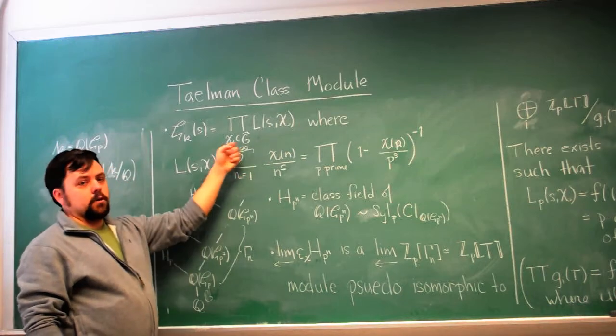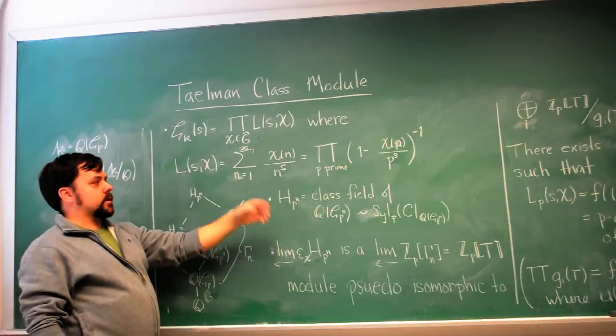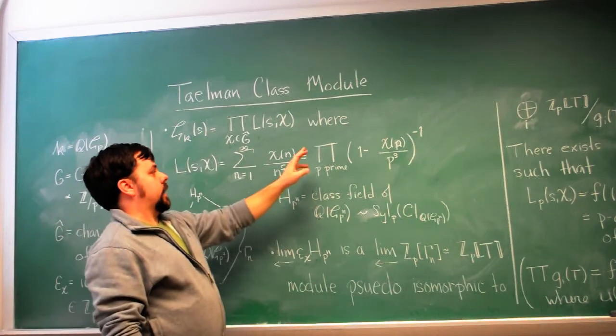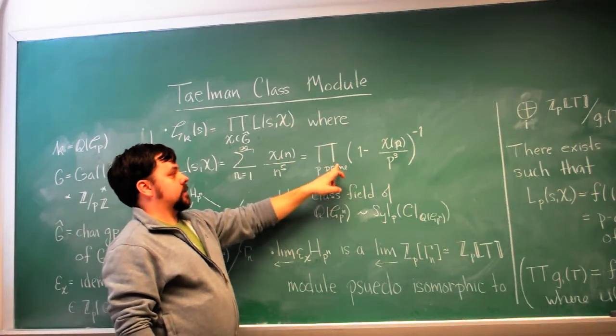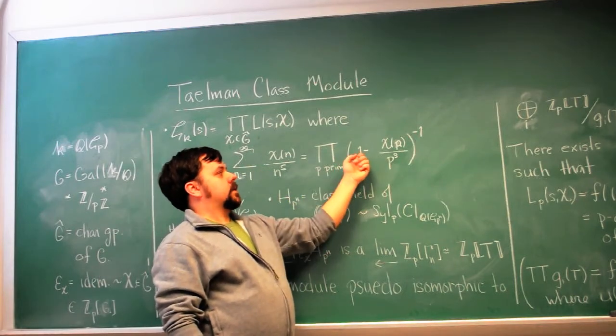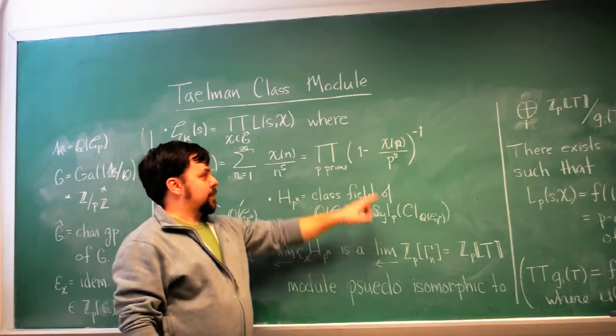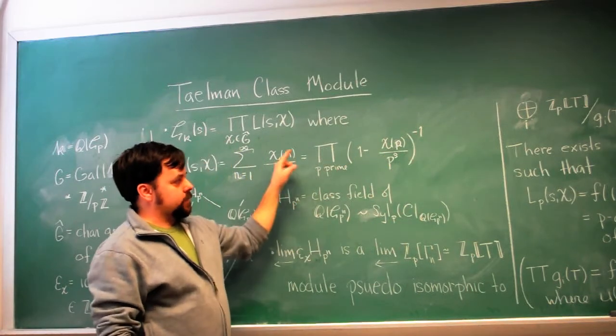This makes sense for all s whose real part is greater than 1. We could also give an Euler product for this, and it's going to wind up being the product over all primes of (1 minus chi(p) divided by p to the s) all to the negative 1.